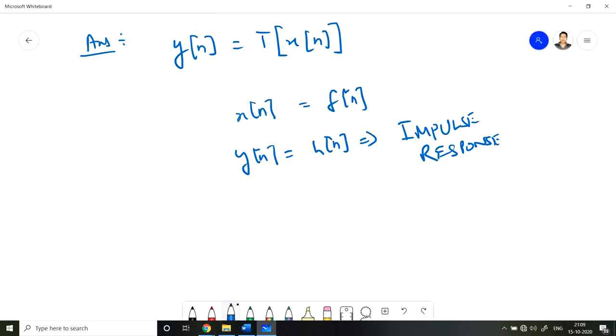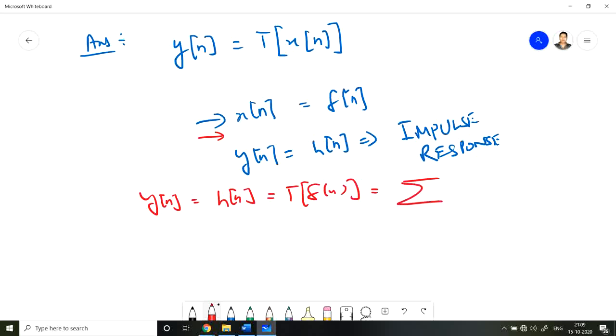So when we take xn equal to del n, that is the input is del n, then the output is obviously the impulse response. The impulse response equation is already given in the question, so this yn is equal to hn when we have xn equal to del n.